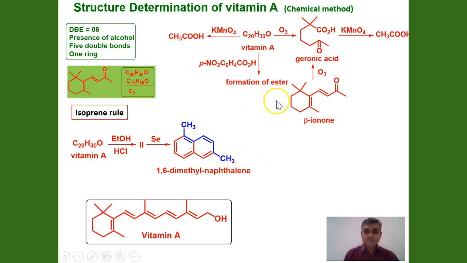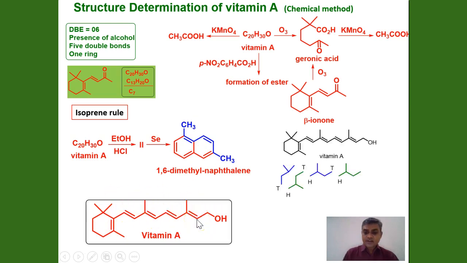All these chemical evidences support the structure of vitamin A, and one can understand the application of the isoprene rule here. The 4 isoprene units are joined head to tail. Here is a head to tail, here is a head to tail. On the basis of all this evidence, we have proved the structure of vitamin A, which contains 5 double bonds, contains the beta ionone unit, and is alcoholic in nature.